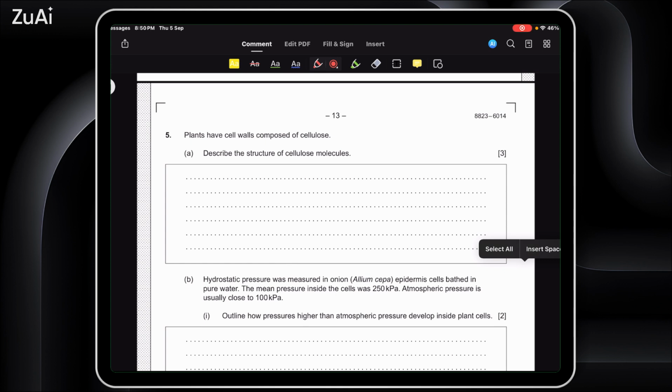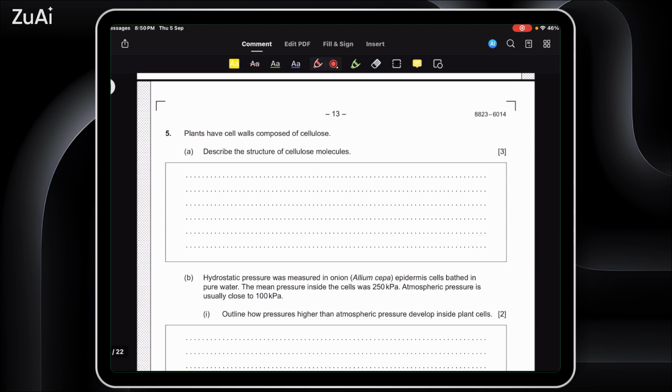Okay, plants have cell walls composed of cellulose. Describe the structure of the cellulose molecule. So cellulose is made up of beta glucose, in which the OH group is in the beta position. The bonding is between C1 and C4, so we can say this is a 1,4 glycosidic linkage.